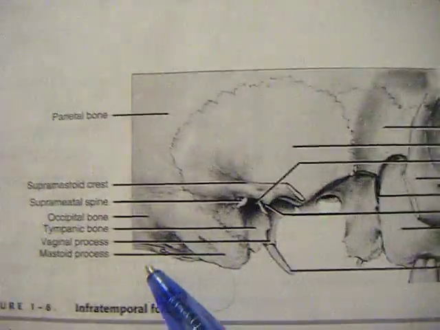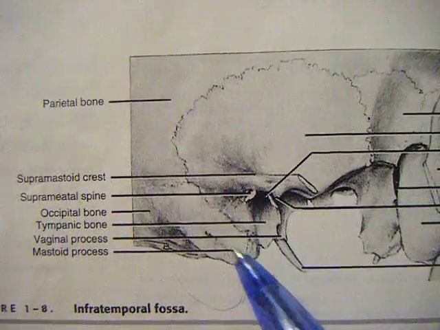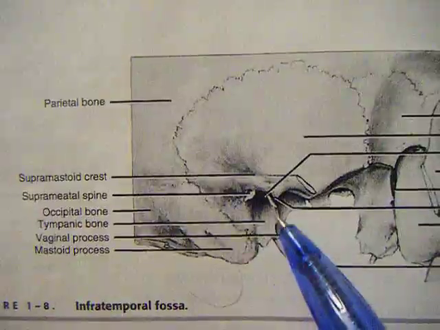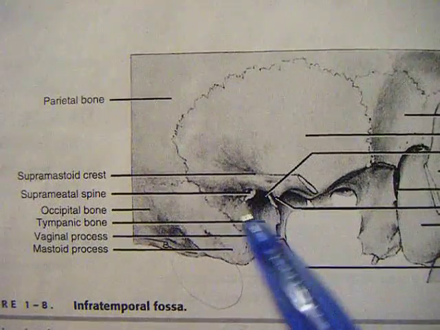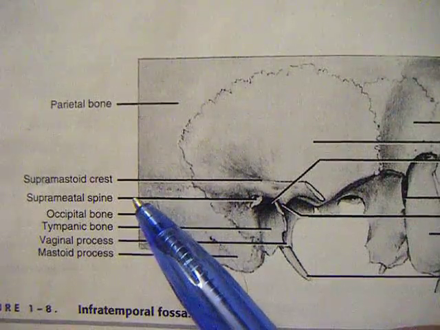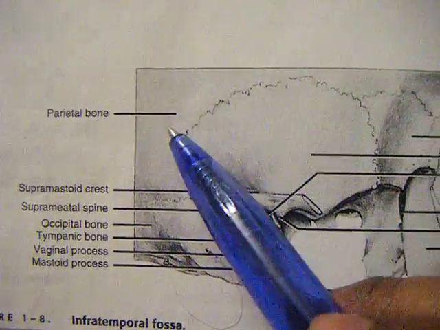This is the styloid process, this is the mastoid process, this is the tympanic bone, this is the occipital bone, then this is the parietal bone.